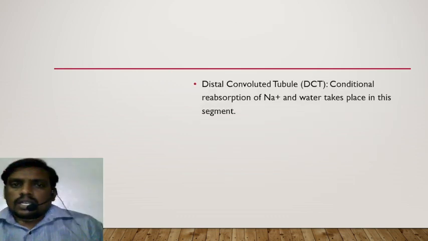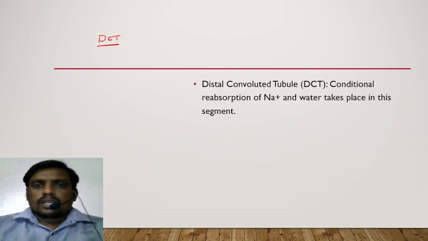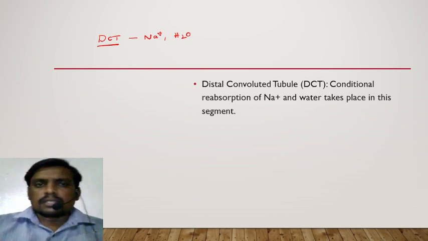Now, the distal convoluted tubule is the next part after Henle's loop. Conditional reabsorption of sodium and water generally takes place in this segment.